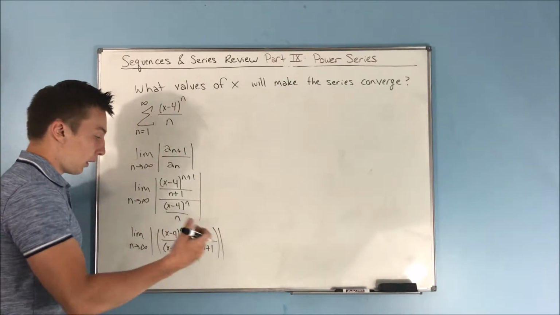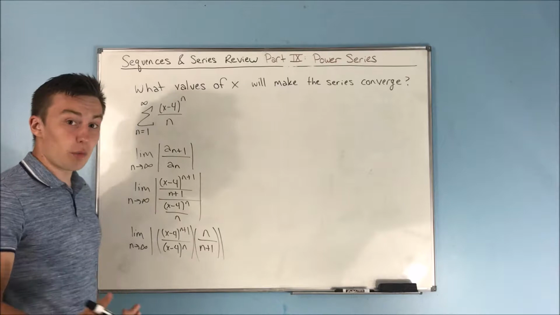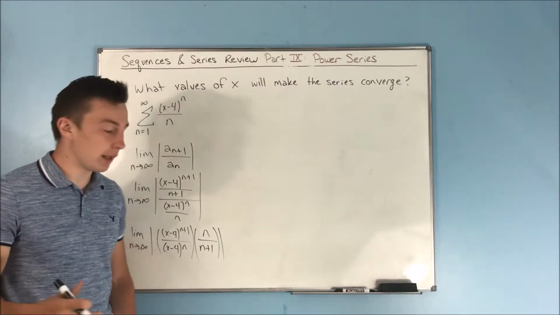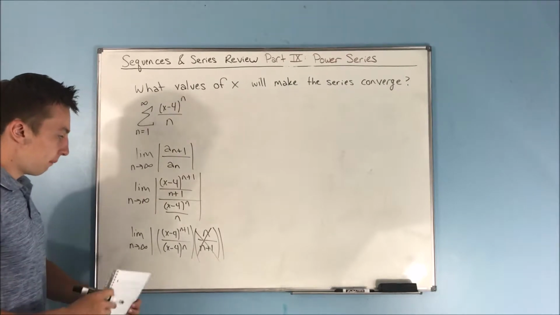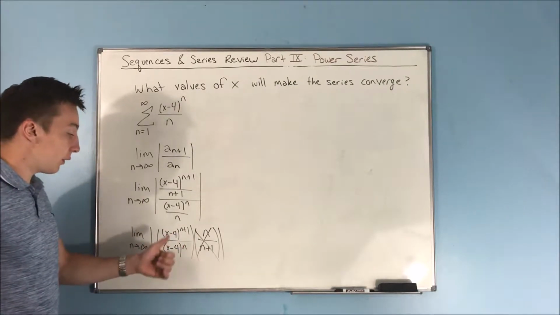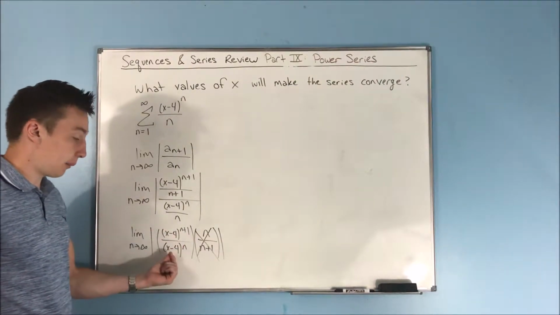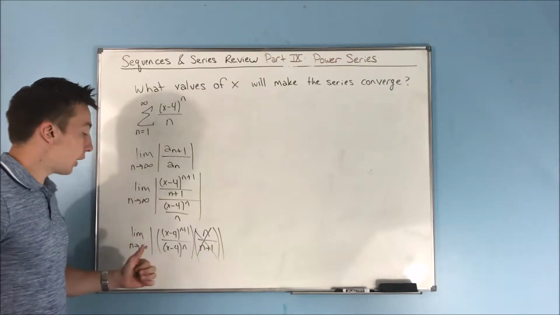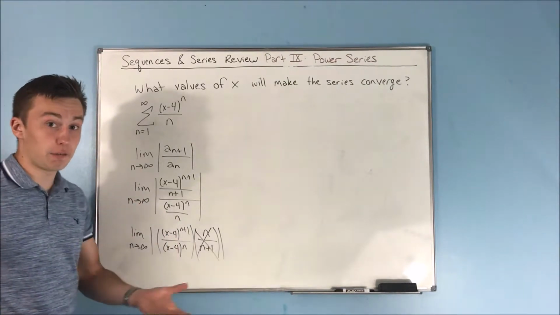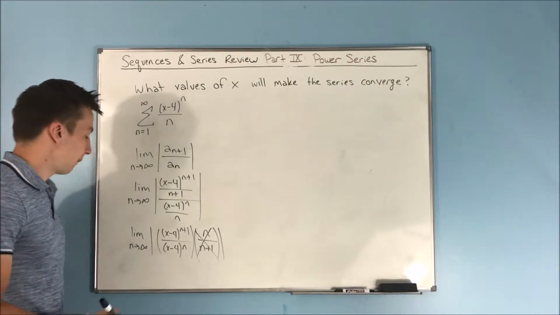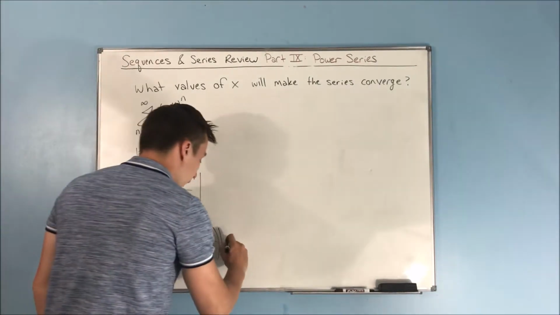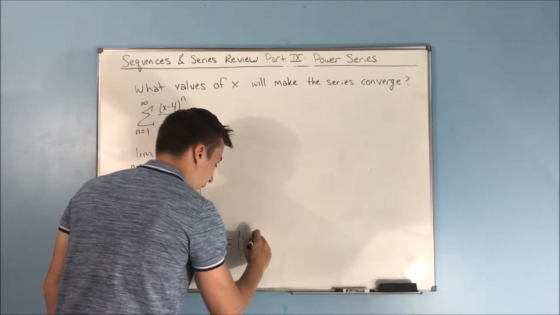The limit of n over n plus 1 is just going to be 1, so we don't need to worry about this piece. What will this be here? Well, if you're dividing this out, you subtract the exponents, since it's the same base. You're just going to get the first power, so you're going to have an x minus 4. So this equals the absolute value of x minus 4.